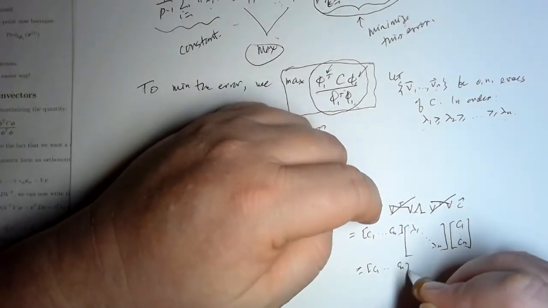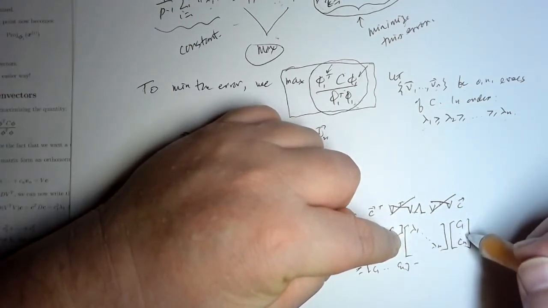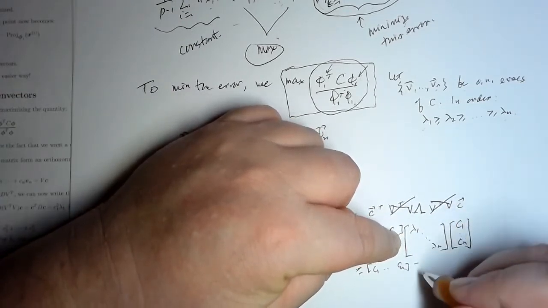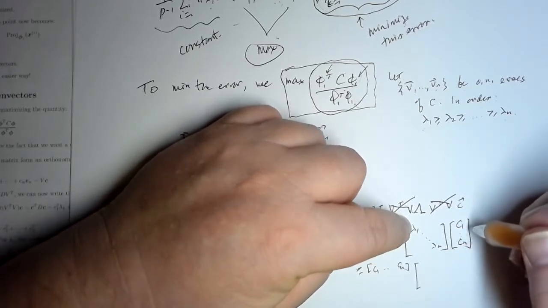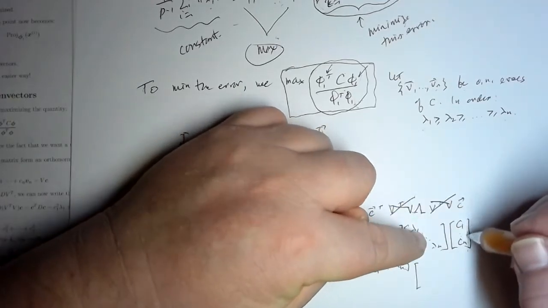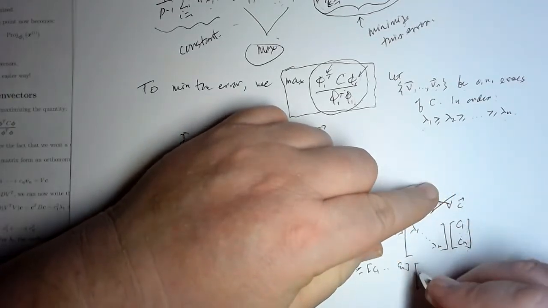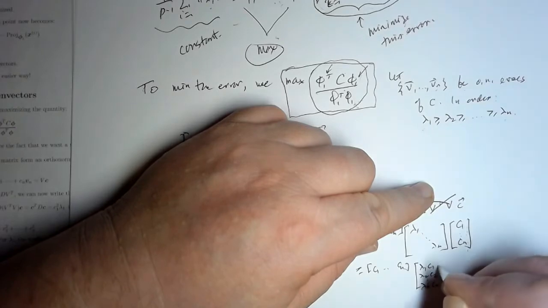C1 through Cn times, now this is an n by n times an n by 1, so you're going to end up with an n by 1 vector. So this is lambda 1 C1, lambda 2 C2, lambda n Cn.